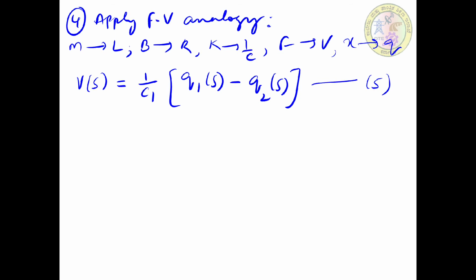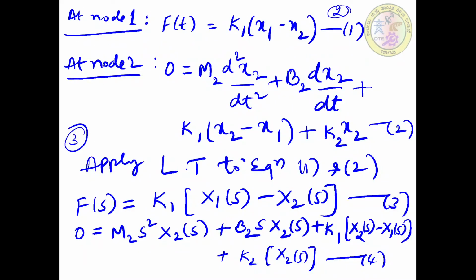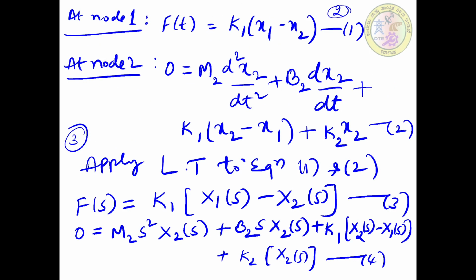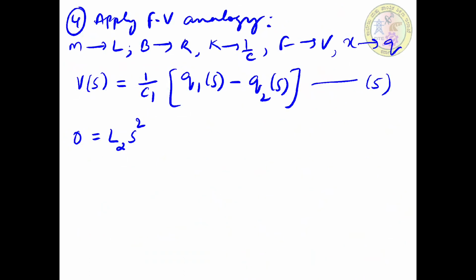Similarly, the next equation will be, what I have, M2. So M2 will be replaced by the inductor L2 s². Next, X should be replaced by charge Q, therefore Q2(s).